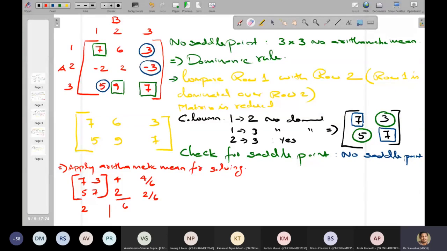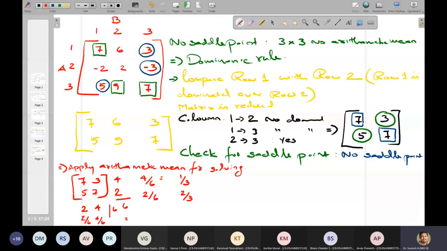If I interchange the ratio, this will be 2 by 6, which is 1 by 3, and this is 2 by 3. Here also 4 by 6 is 1 by 3 and this is 2 by 3. You can interchange it.